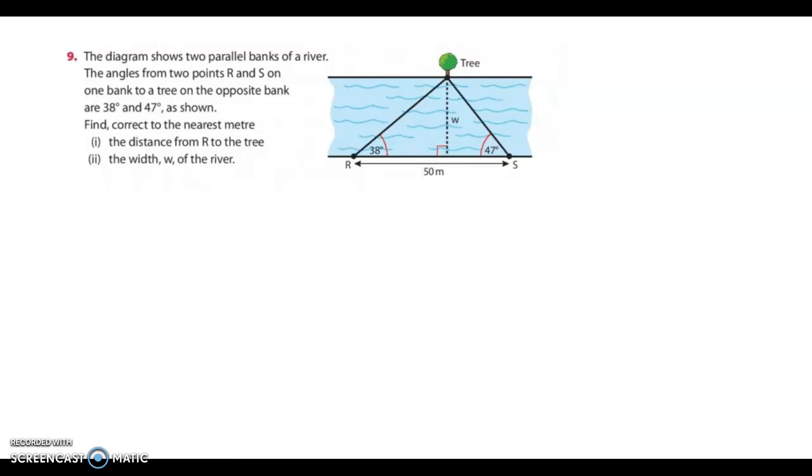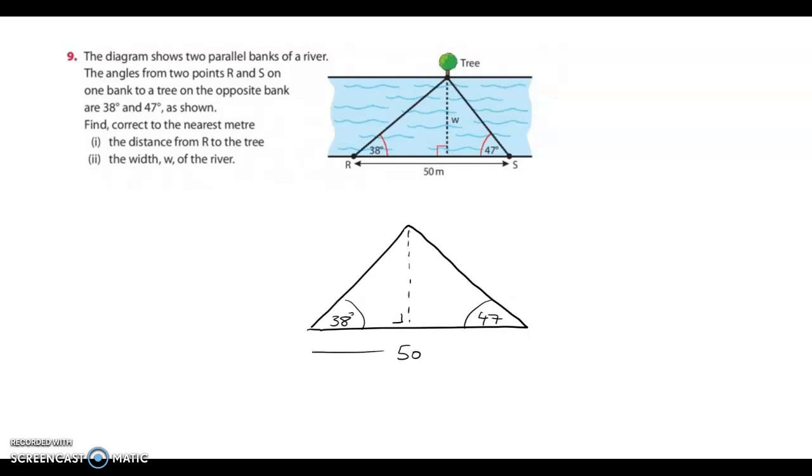Now, sometimes it can help to just remove all of the river and the tree from the picture and just put in the triangles so that you can visually see them a bit better and fill in what you've got. You've got 38 degrees there, 47 degrees there, and 50 meters across here.